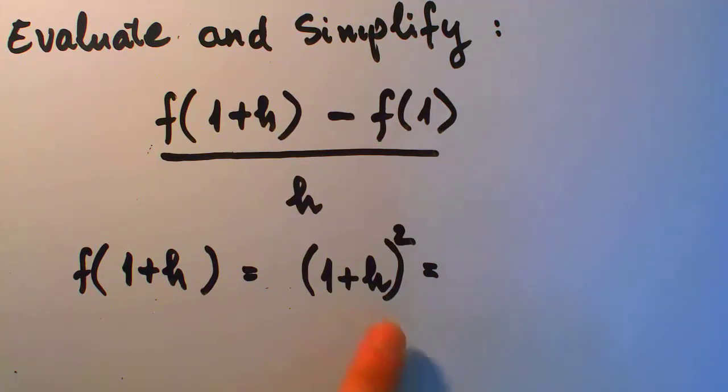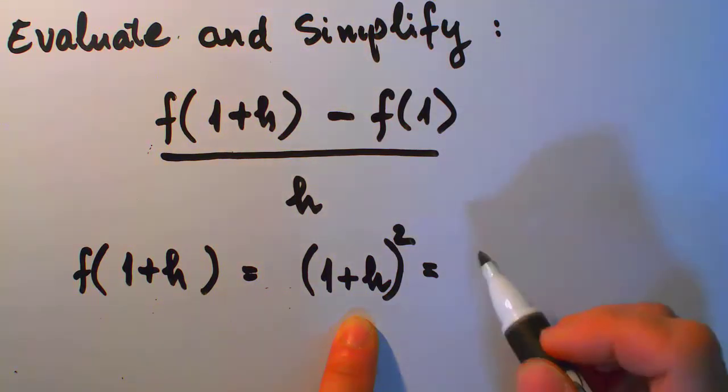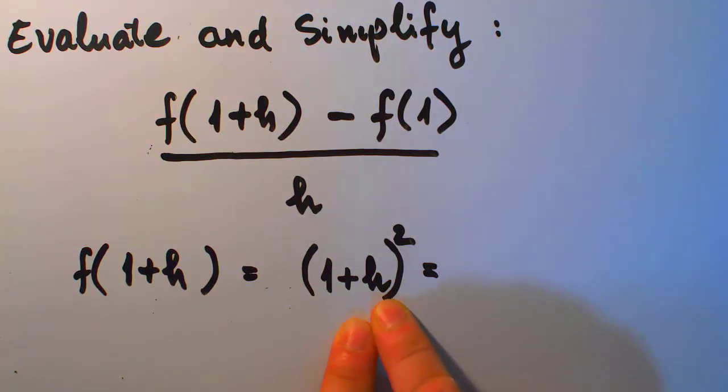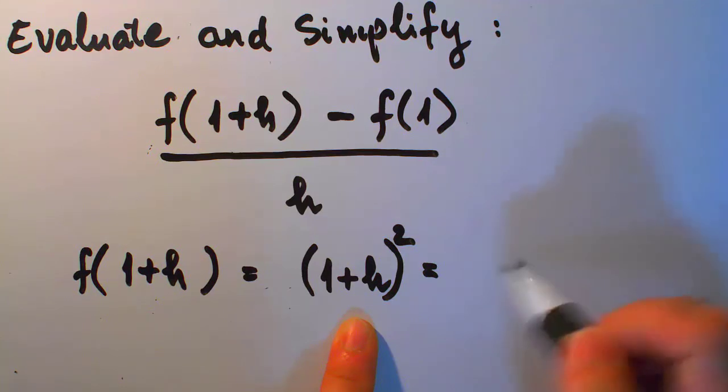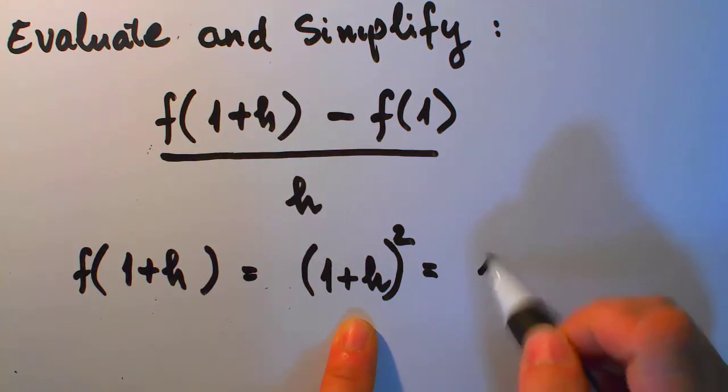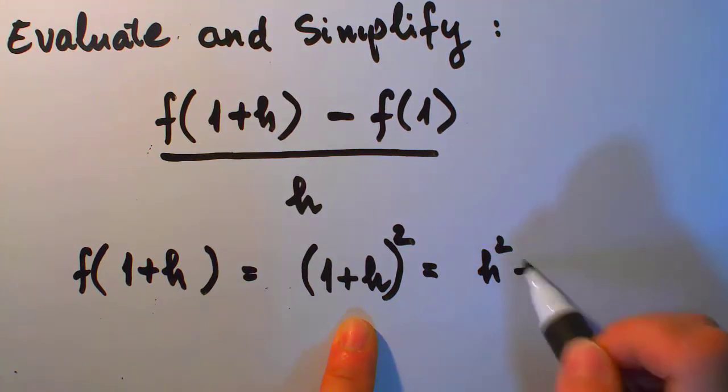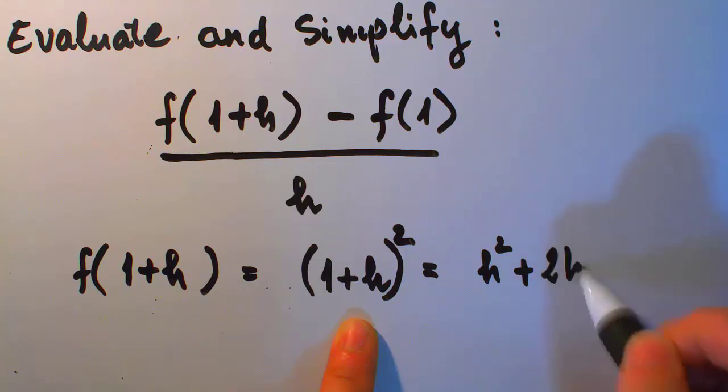You can either FOIL out term by term, or you can use the algebraic identity on a perfect square. After we FOIL and simplify, combining all like terms, we're going to end up with h squared plus 2h plus 1.